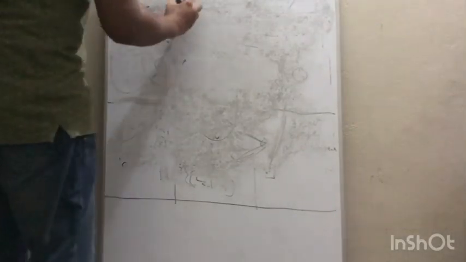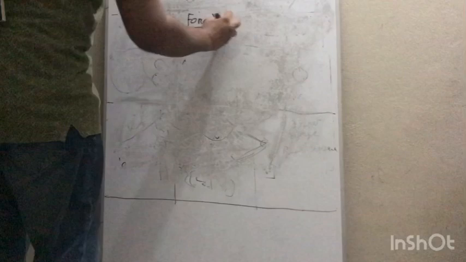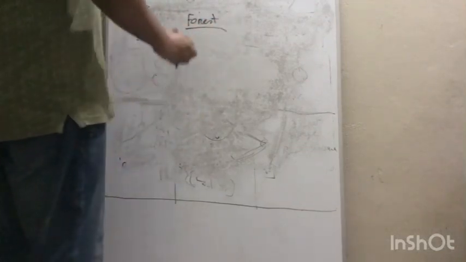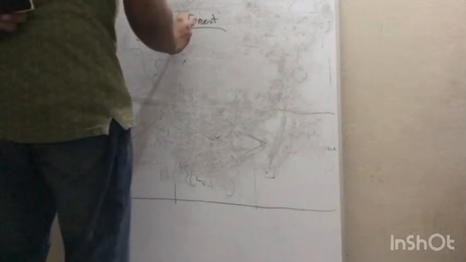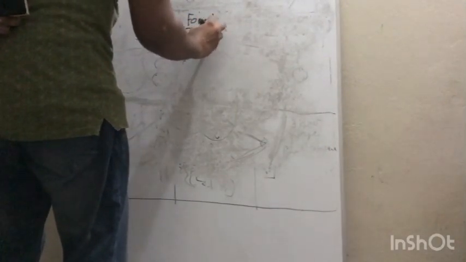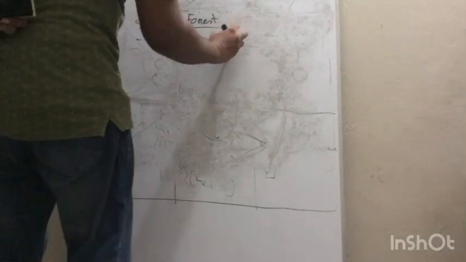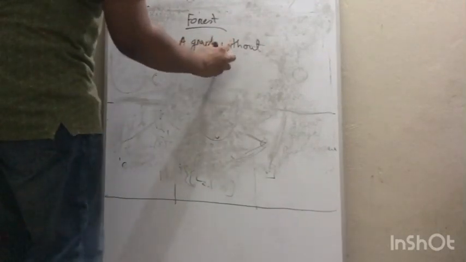Forest. A forest is a graph with no cycles.